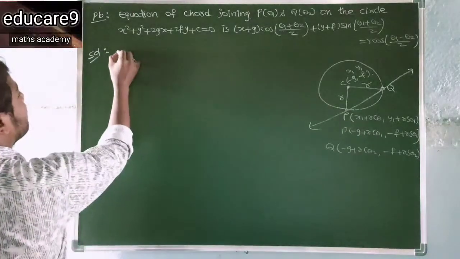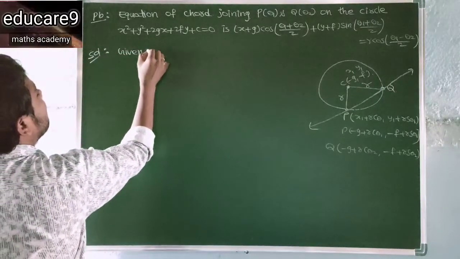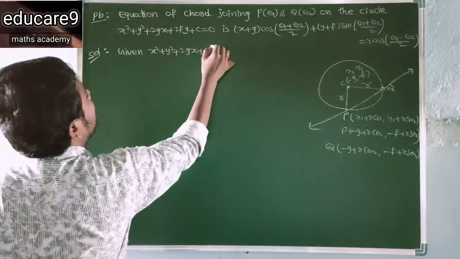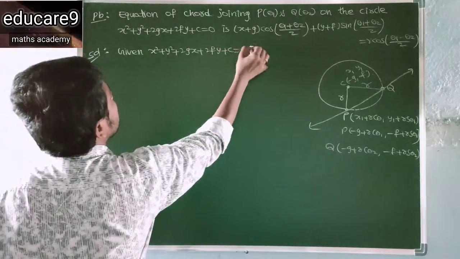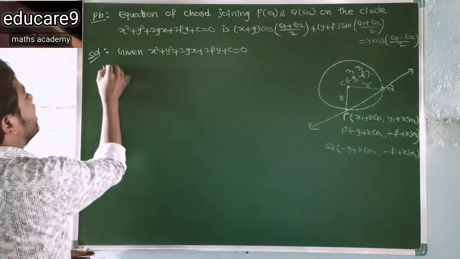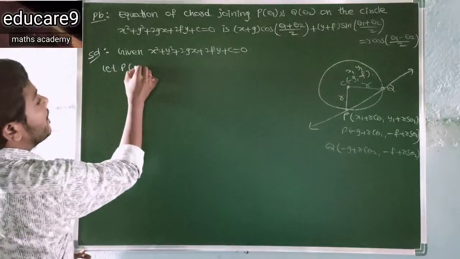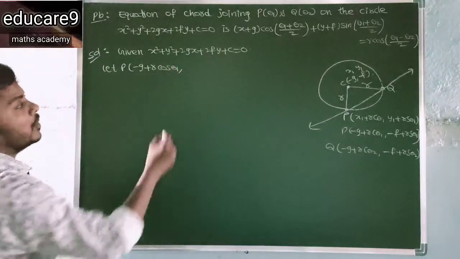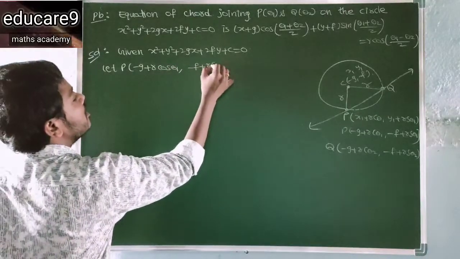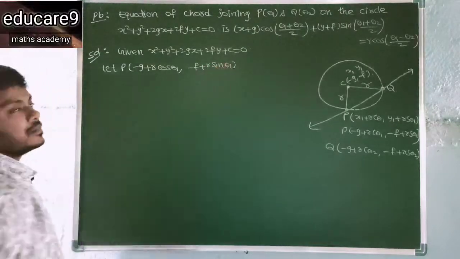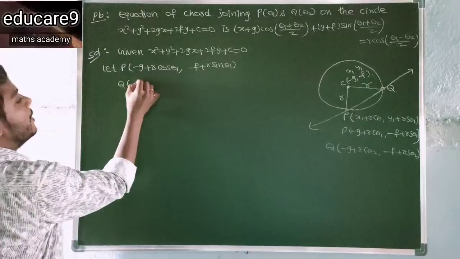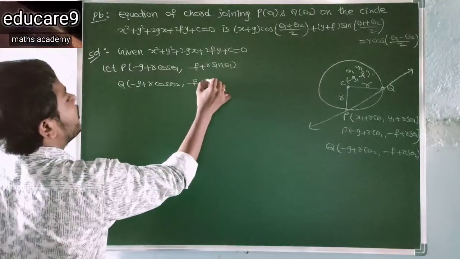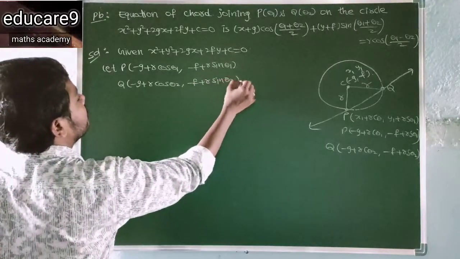So see here, given circle x square plus y square plus 2gx plus 2fy plus c equals 0. Let P be minus g plus r cos theta 1, comma, minus f plus r sin theta 1, and Q be minus g plus r cos theta 2, minus f plus r sin theta 2.